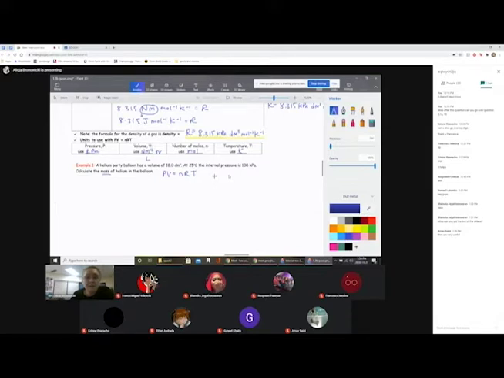They don't really have anything where I can figure out mass. This formula, though, I can figure out moles, and from moles, I know how to go to mass. So I'm going to use this formula. Pressure, volume, moles, RT.